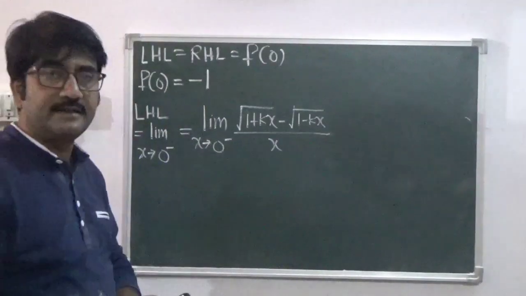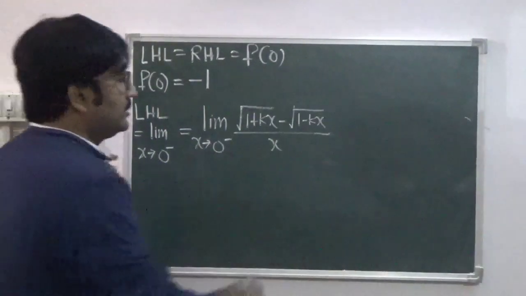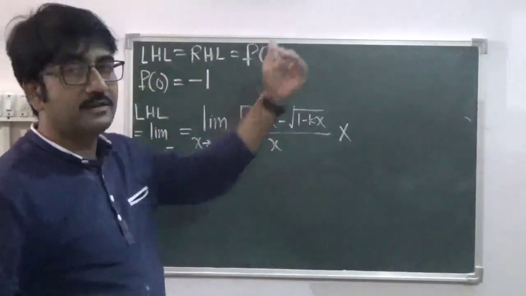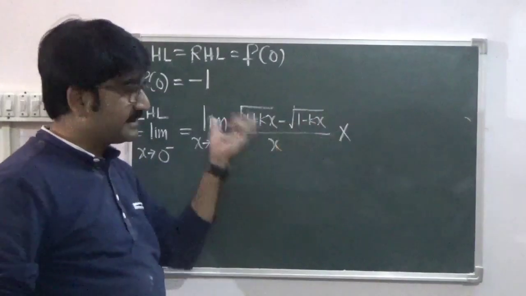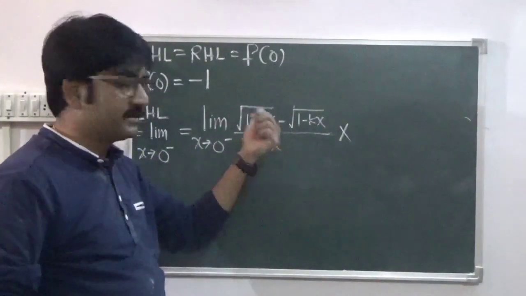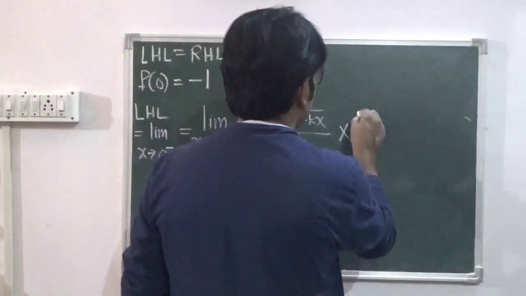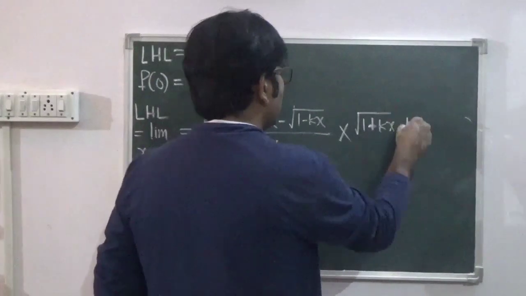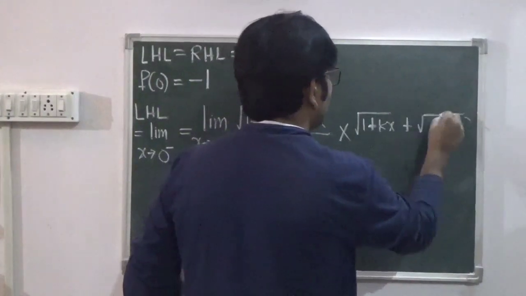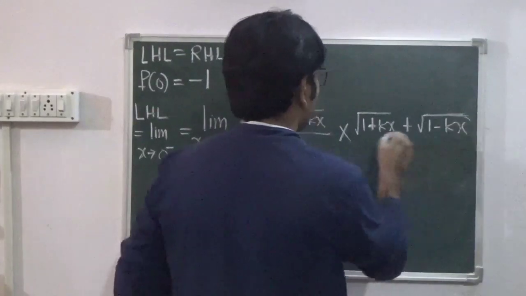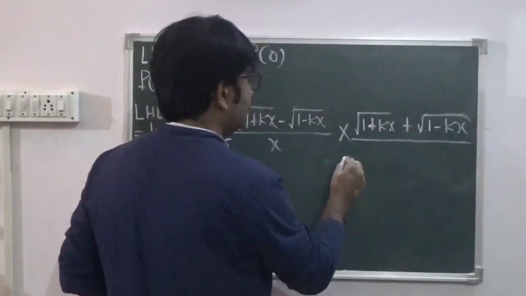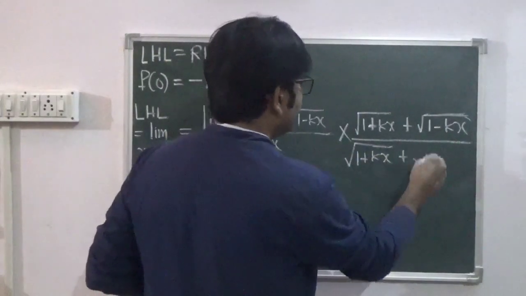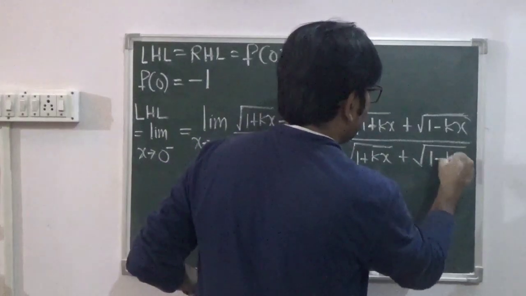So let us rationalize it in the numerator. How do we rationalize? We multiply with the conjugate. If it is minus, we multiply the same thing with plus in between. So it is root over 1 plus kx plus root over 1 minus kx. Again in the denominator the same thing, root over 1 plus kx plus root over 1 minus kx.